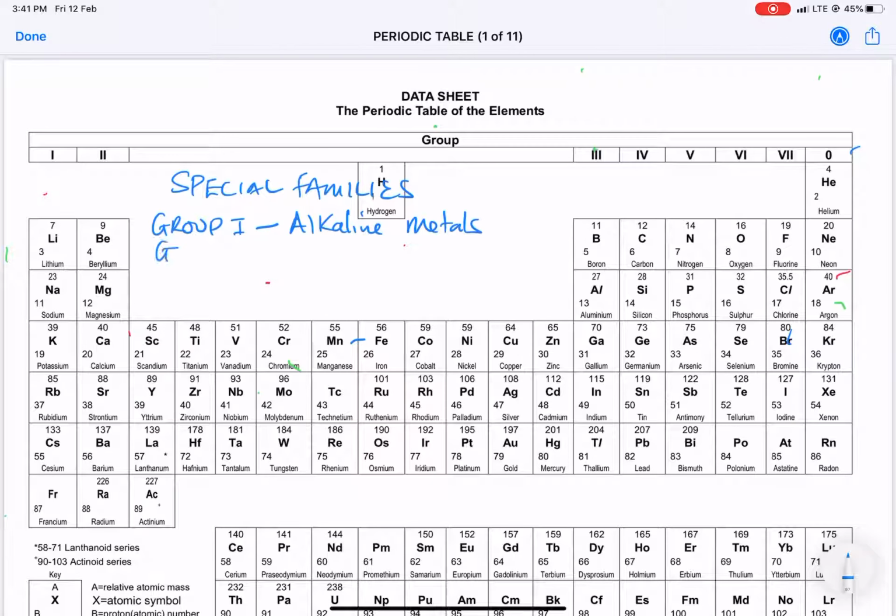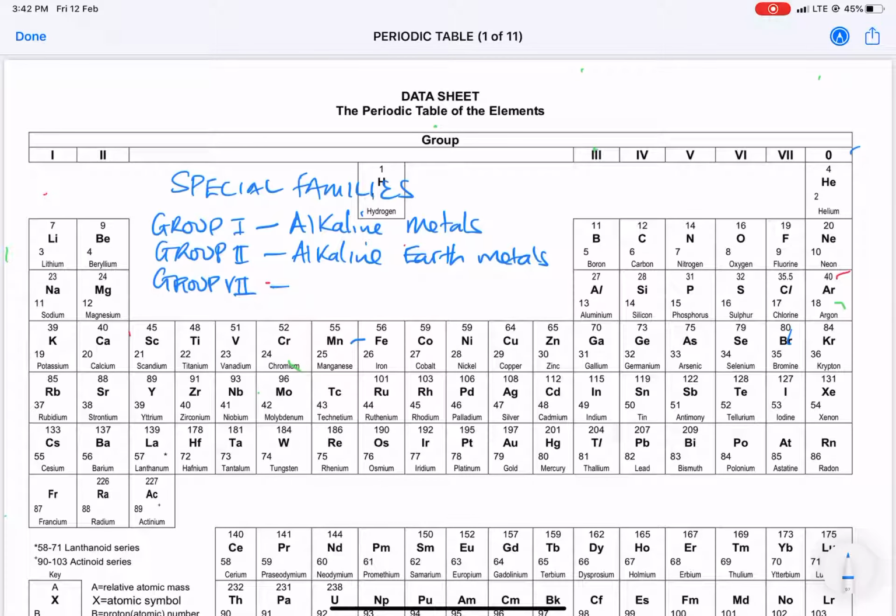We have group 2, and group 2 elements are called alkaline earth metals. And then we have group 7.